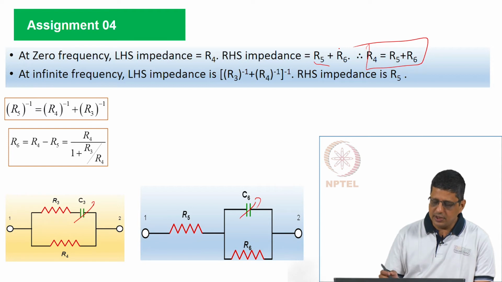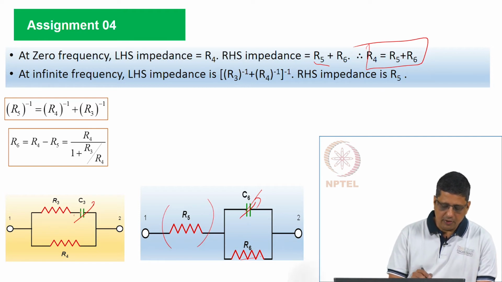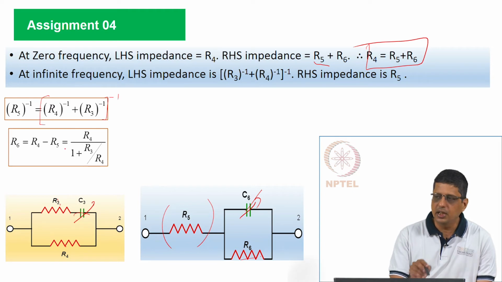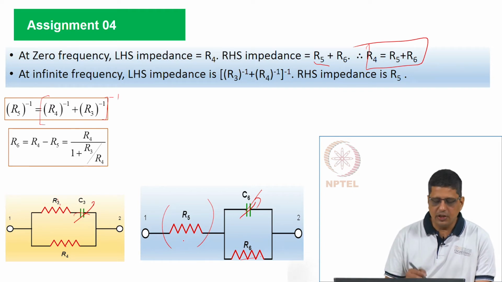At infinite frequency, all the current will pass through this and no current will pass through this. So, net impedance is R5. At infinite frequency, current will pass through R3 and R4 in parallel. So, I will say R3 plus R4, the net impedance of that is, you take the R3 inverse plus R4 inverse, that will give you net admittance, take the inverse of it, you will get net impedance, that should be matched with R5.